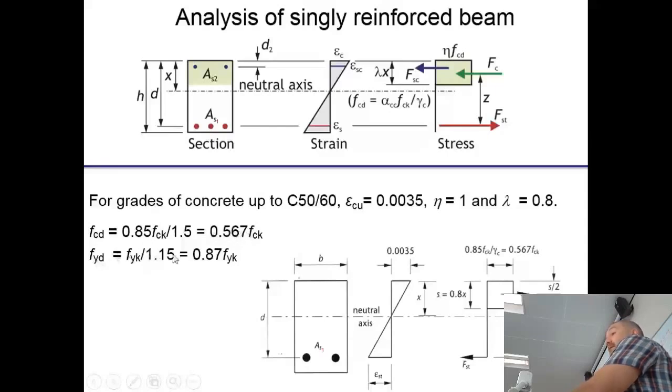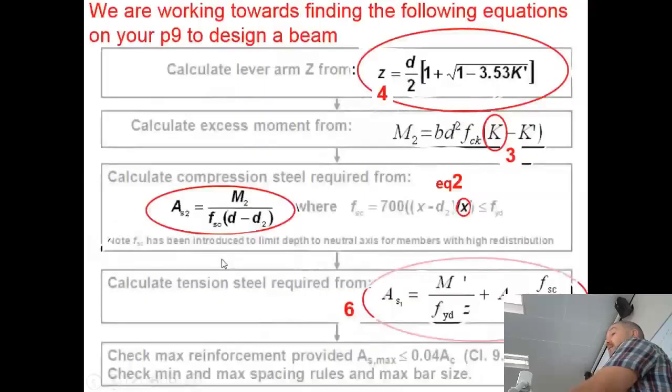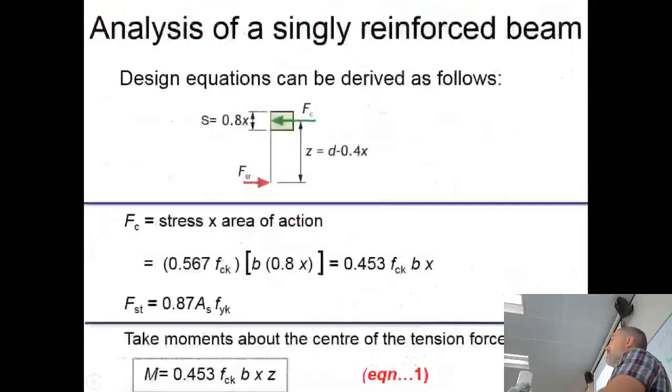Or for the fyd, if we divide by 1.5, it's just the same as multiplying by 0.87. It's in your handout. So z is d take away 0.4x. So it's from here up to that green line, and that half there is 0.4x.